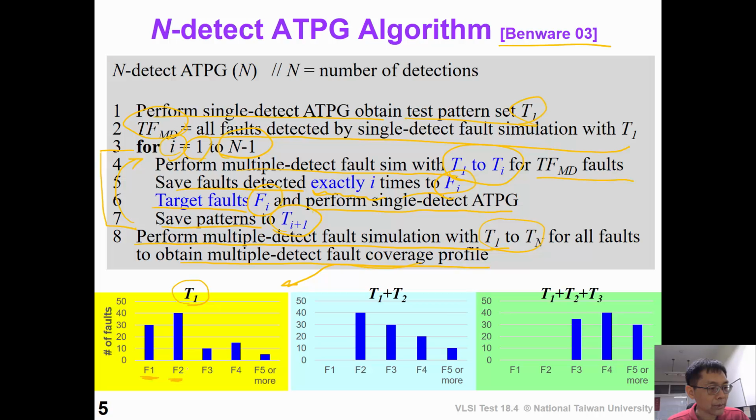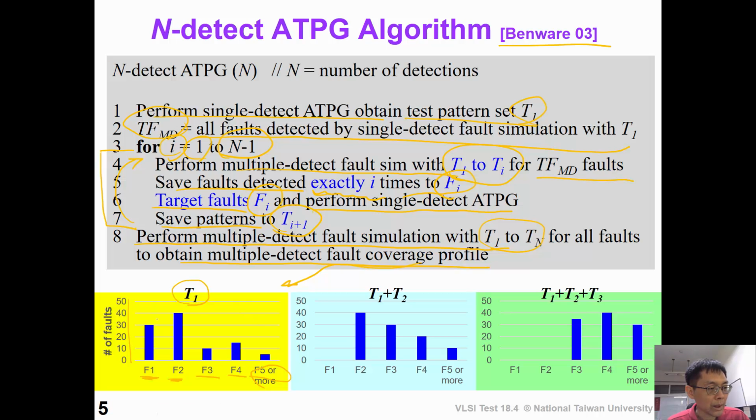F2 is the fault list containing the faults that are detected exactly twice. The vertical bar shows the number of faults. We can see the fault lists of F3, F4, and F5 or more.